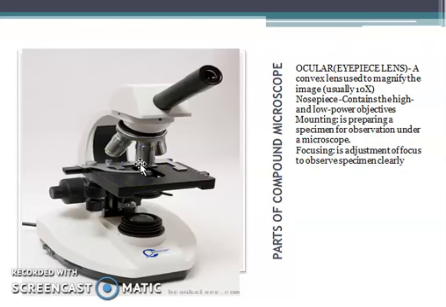The high power objective magnifies 40 times. The oil immersion objective magnifies 100 times. You can see this on page 30 of your textbook.